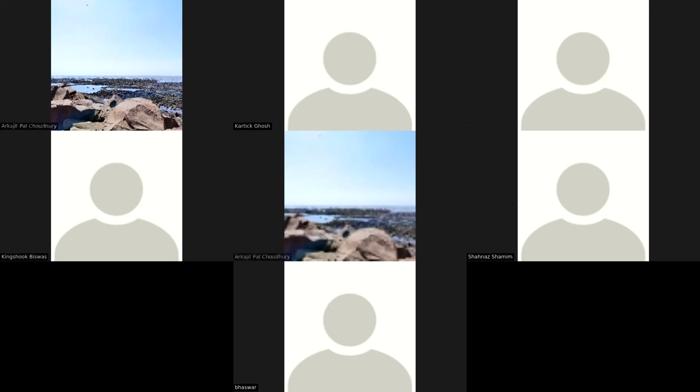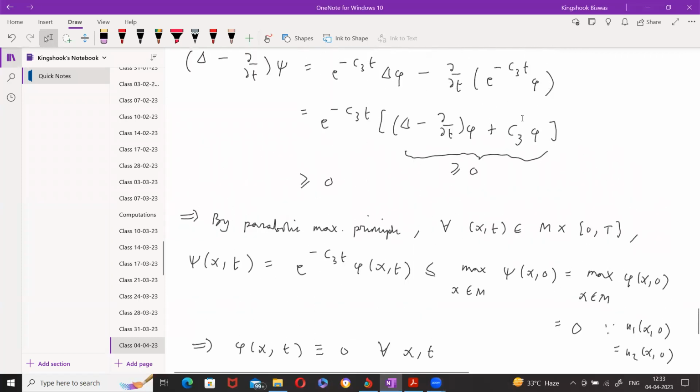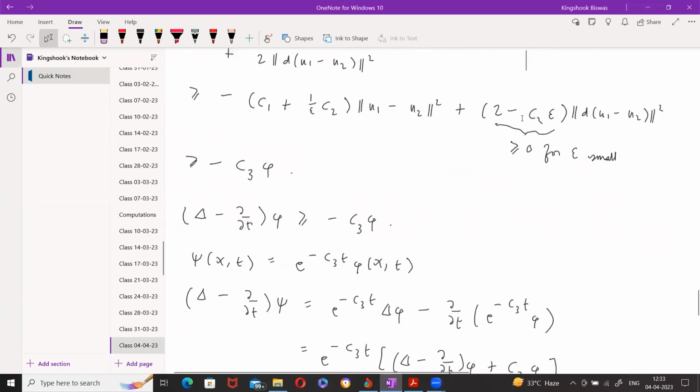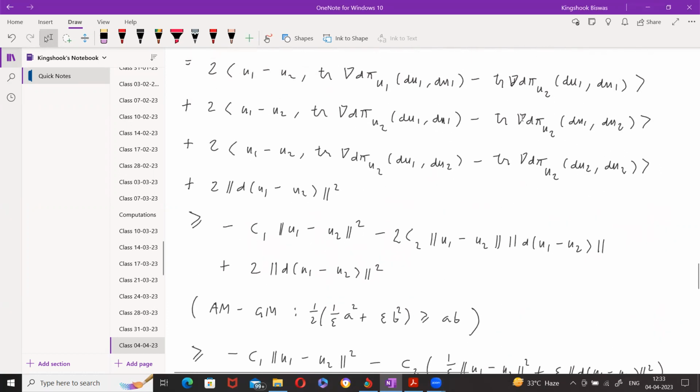I have a question. Yes, go ahead. While you were applying the mean value theorem, let me just share the screen again. So it was d pi u2, and you got this term 2c2 norm of u1 minus u2 and d of u1 minus u2. Where did you get each of the terms from?